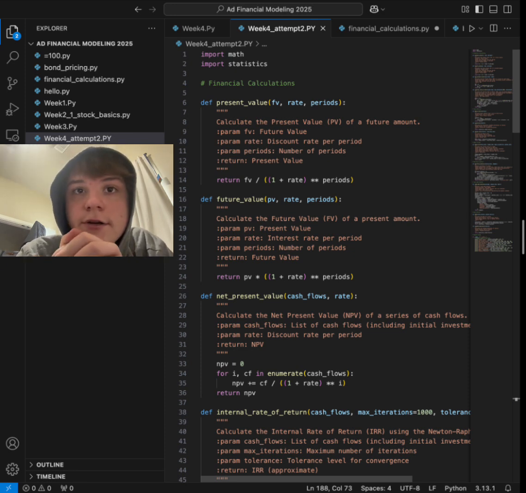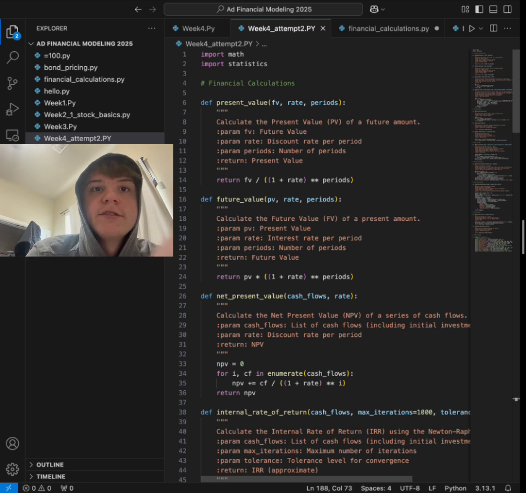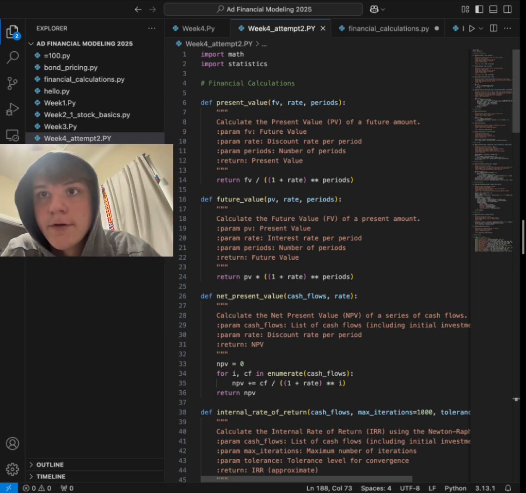Internal rate of return, calculate internal rate of return, param cash flows, list of cash flows, param max iterations, maximum number of iterations, and then param tolerance, level of convergence, return IRR, initial rate of return.